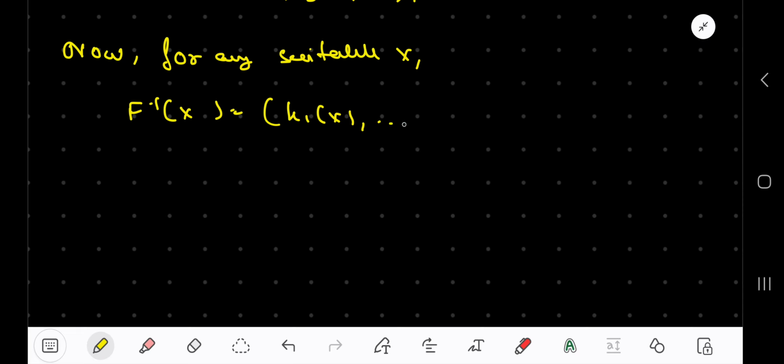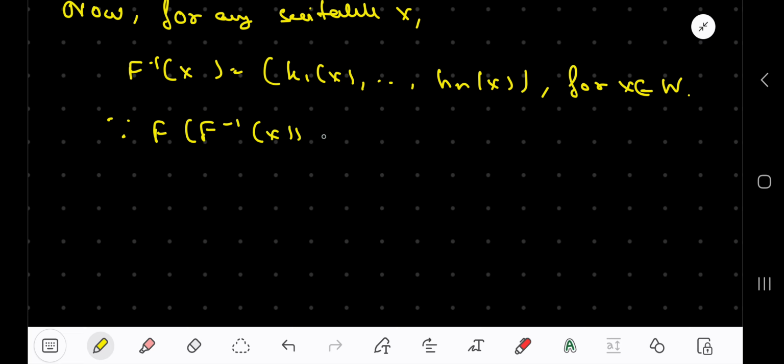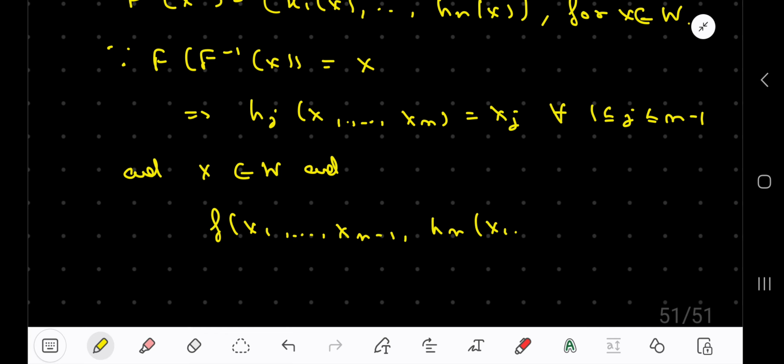So I write it as h1(x) till hn(x), because we are choosing values out of Rn, where x comes from W. Now since f applied to f inverse x is just x, this implies that hj(x1 till xn) should be xj, for all 1 less than or equal to j less than or equal to n minus 1, and x belongs to W, and the function f applied to this is equal to x.